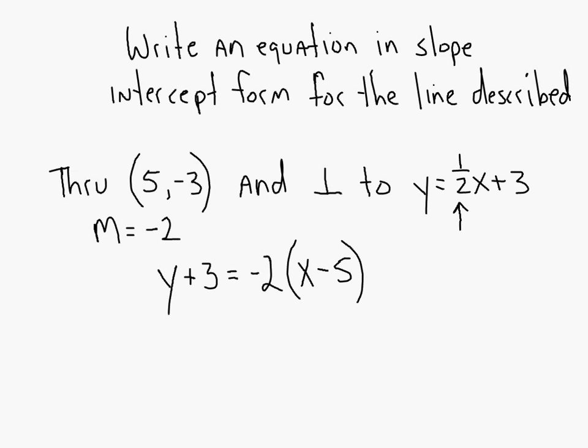That's in point slope, but the question asks for slope intercept. So if it's in point slope, if you distribute the slope, we're going to get y plus 3 equals -2x plus 10, right? In the book it says y minus y1.